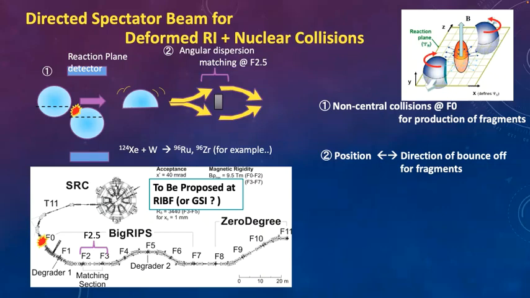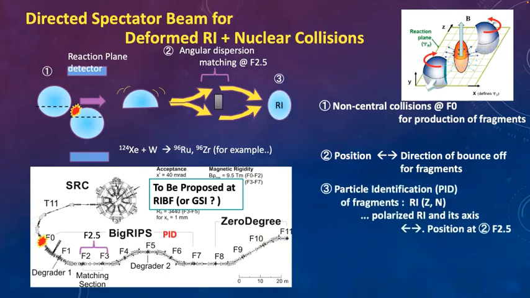So the primary beam stops in this area, and the trajectory change from the beam axis can go through, and we can detect the position, which is related to which way the spectator goes. This is a very primitive idea, but if it works, it will be very interesting.